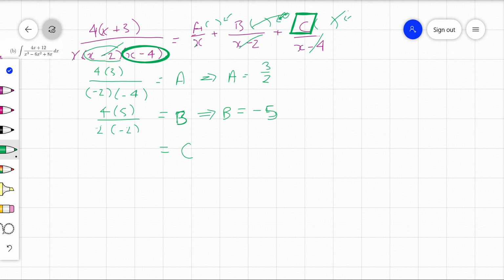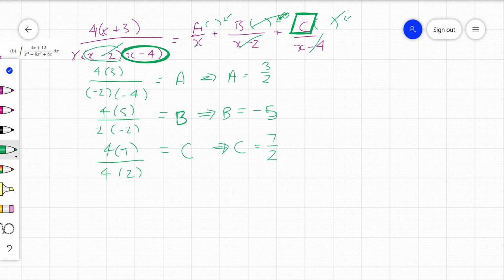We're going to sub the 4 in. 4 plus 3 is not 1, we've got 4 lots of 7. And on the bottom, we're subbing 4 in, so we've got 4, and we've got 4 minus 2, which is 2. So for C, we get 28 on 14, so we get 7 on 2.